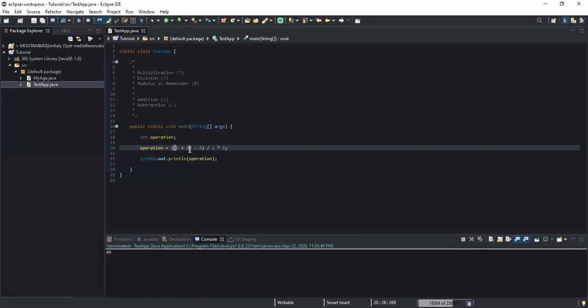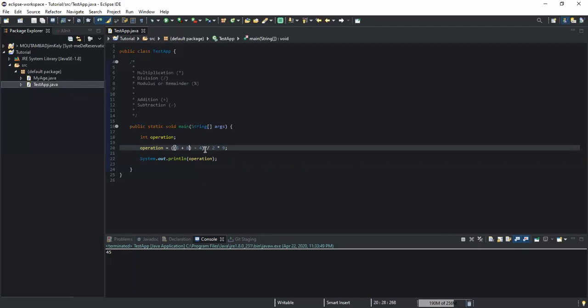So just to review how this expression has been evaluated: it has evaluated 6 plus 8 first, which gave us 14. Then it subtracted 4 out of 14, which gave us 10.